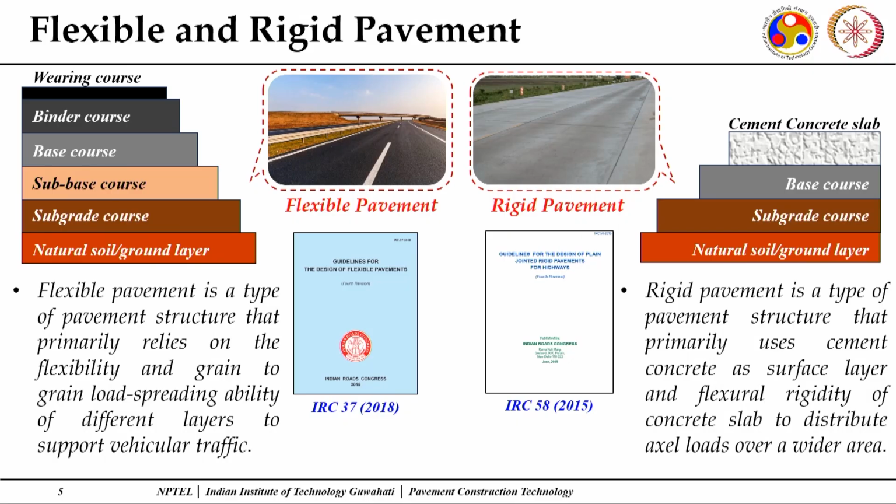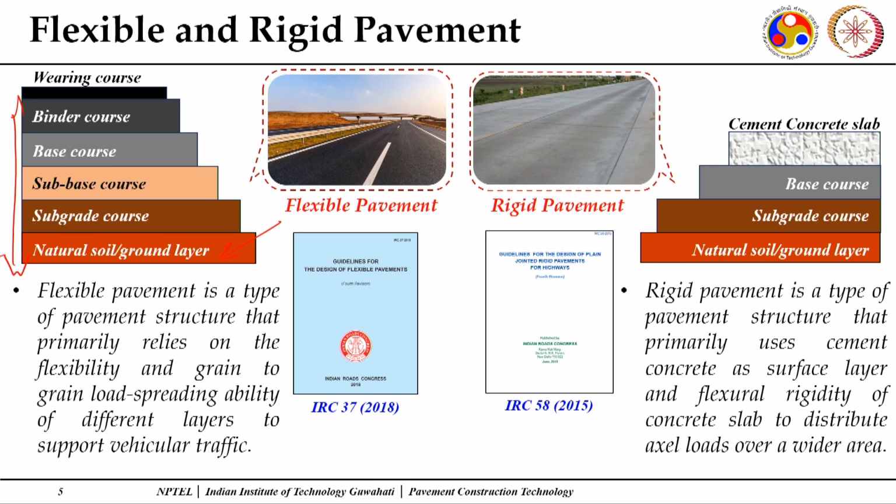So, I will try to give you a glimpse of the information from the construction perspective. Now, on the left-hand side you see the composition of a flexible payment. Here, there is an existing natural soil or ground layer if it is a plain terrain. I will create a crust over it.